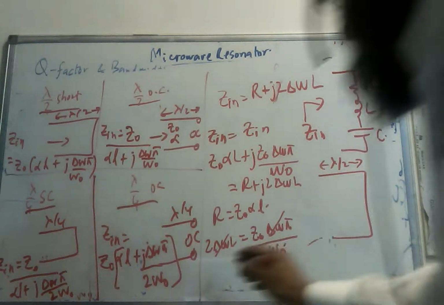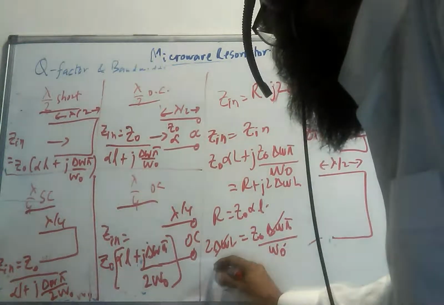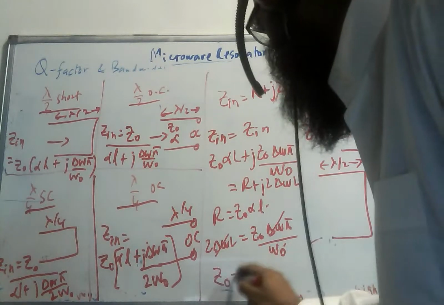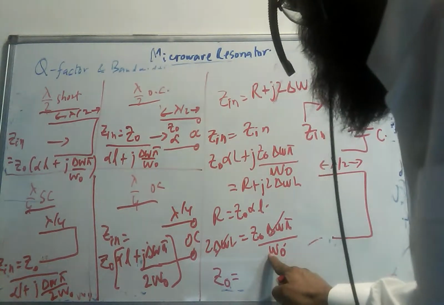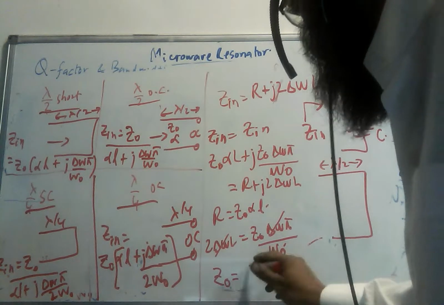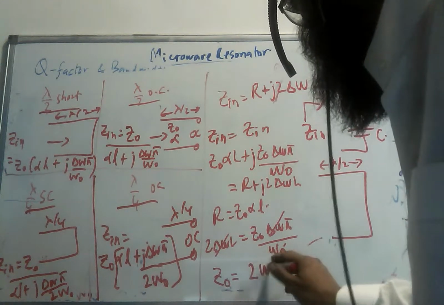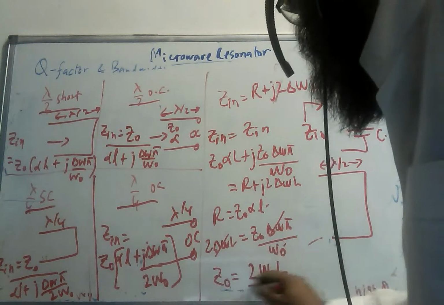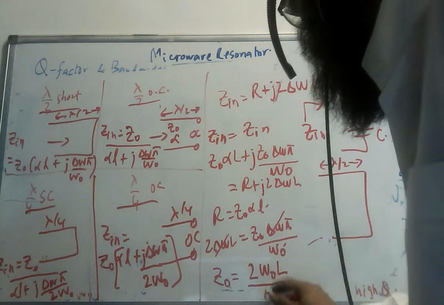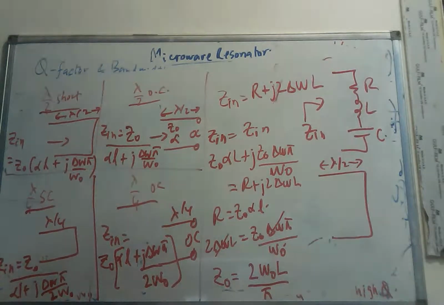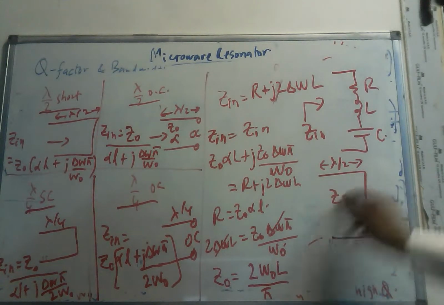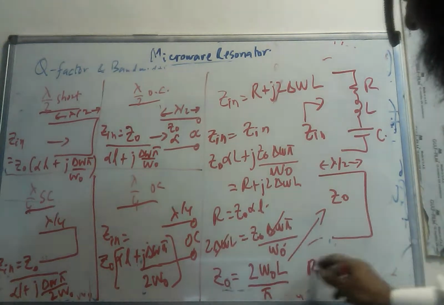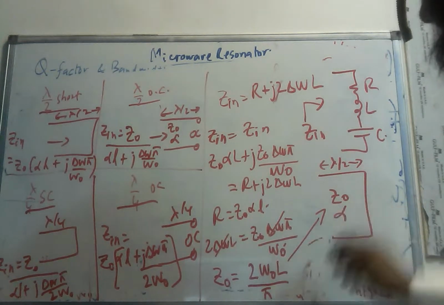So my Z naught is equal to 2 omega naught L divided by pi. So Z naught comes from here, and R comes from, sorry, alpha, because I also need alpha.